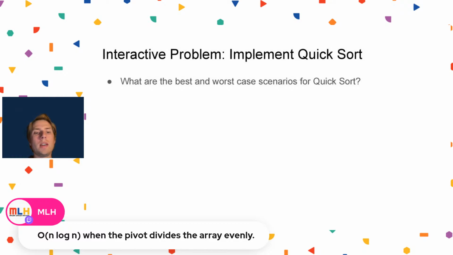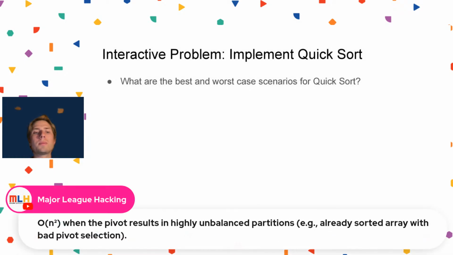But the worst case would be O(n²), when the pivot results in highly unbalanced partitions, where we could have an already sorted array with a bad pivot selection, and then everything gets jumbled up and we're back to an O(n²) situation. So that would be kind of the worst possibility.